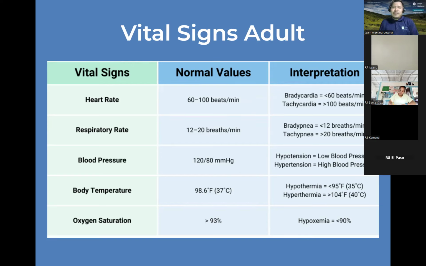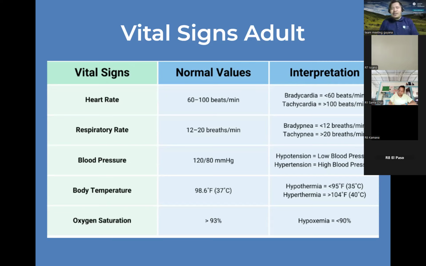But keep in mind that some patients who are hypertensive, their normal may differ, right? Or if some patients usually have a low blood pressure, you want to put all those into consideration, right? So don't expect a patient's normal blood pressure to be 120/80 each time. But if they have any medical condition, you need to put those into consideration as well.